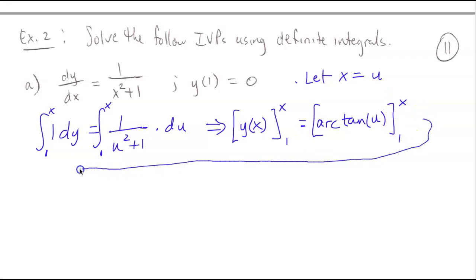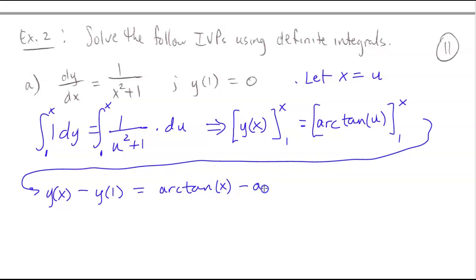All right, so now that we have that in place, we can go ahead and finish this up. So we know that if we substitute in x for u, we just get y of x minus y of 1. And on the right side, we'll have arctan of x minus arctan of 1.